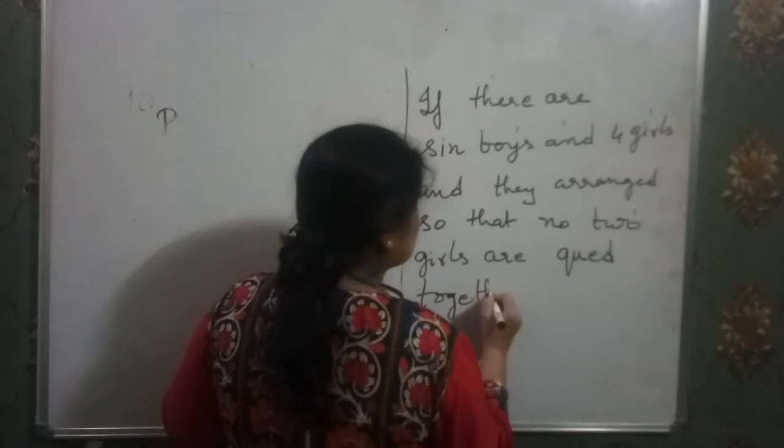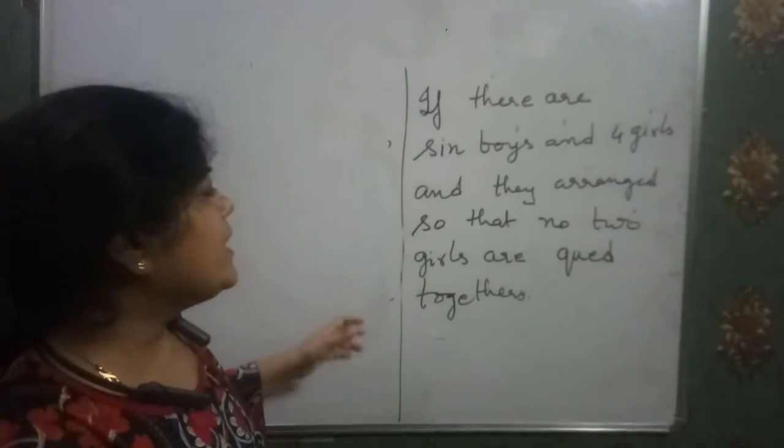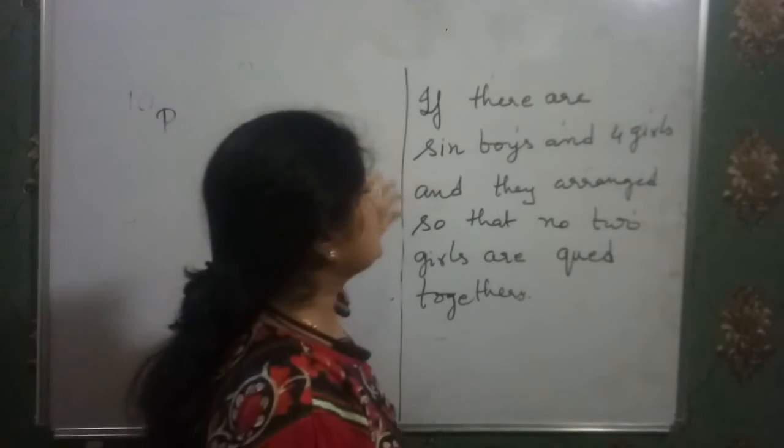That means no 2 girls are together in a row. Then find how many arrangements there can be.